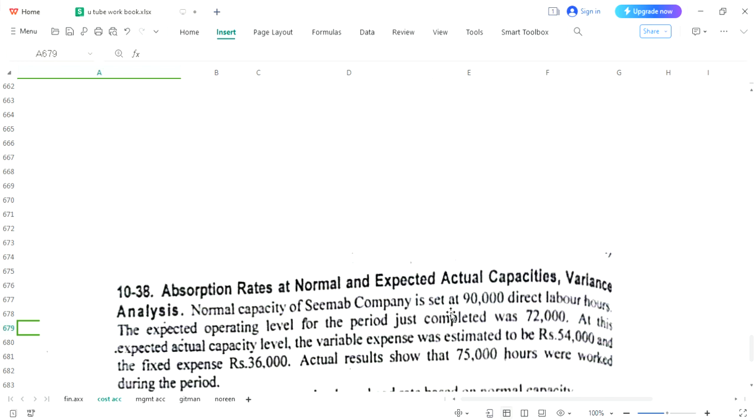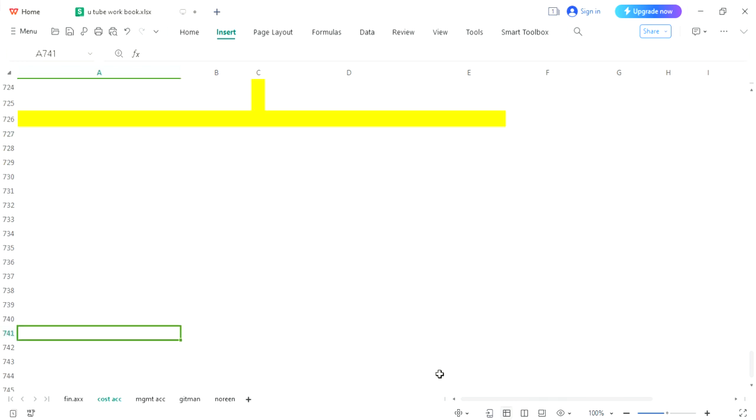Normal capacity 90,000, expected 72,000. At this expected actual capacity, variable, fixed, actual result 75,000. Since this is split information, we can arrange it according to our requirement.